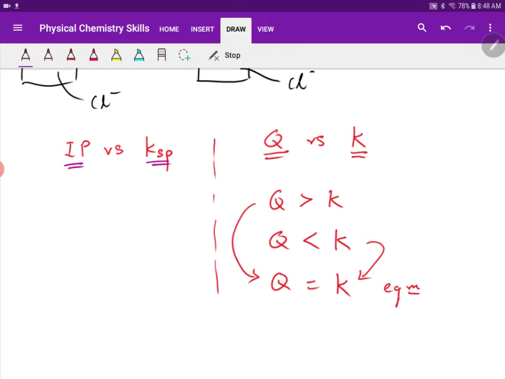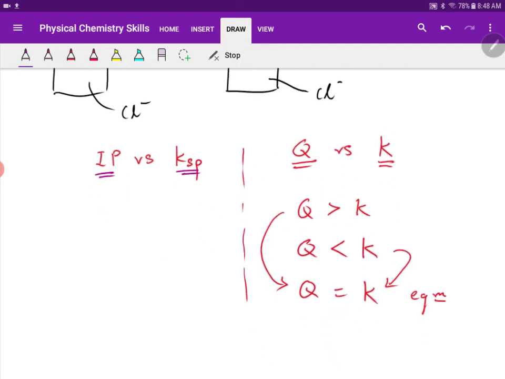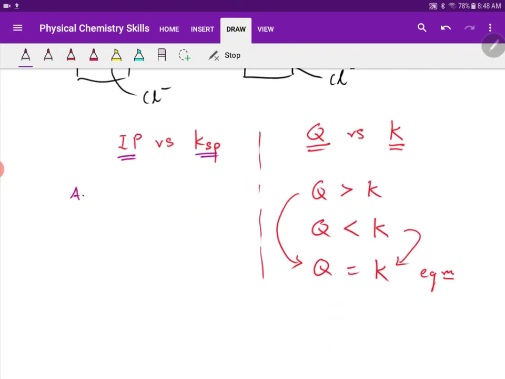So let's write out a very quick equation of AgCl dissolving to form Ag+ aqueous plus Cl- aqueous.